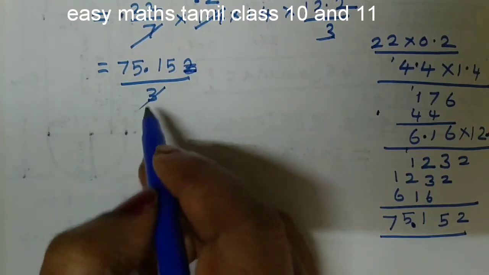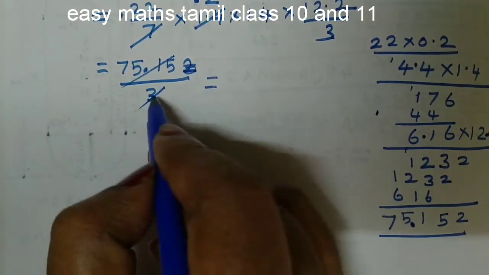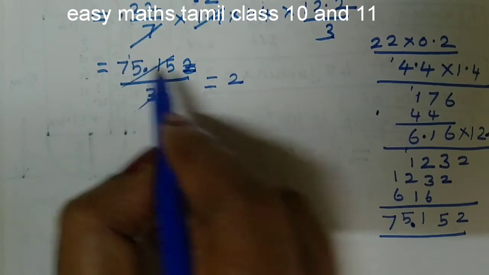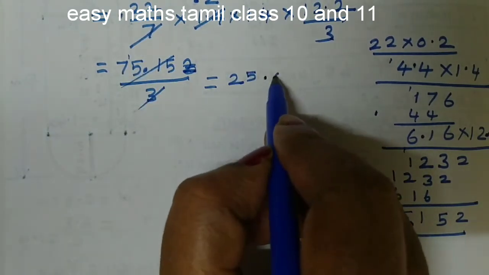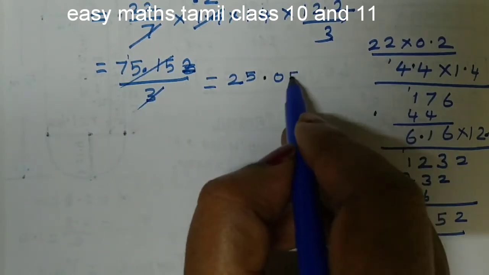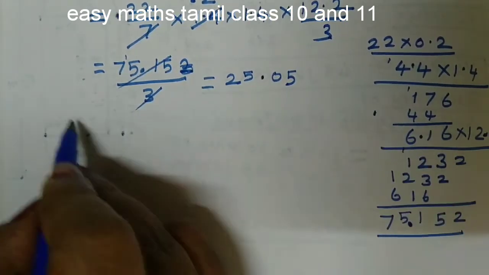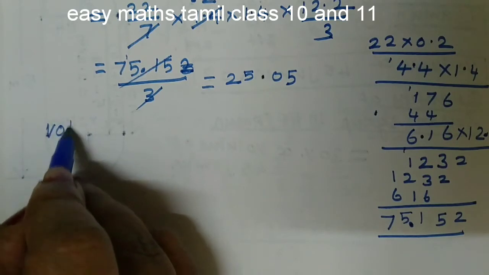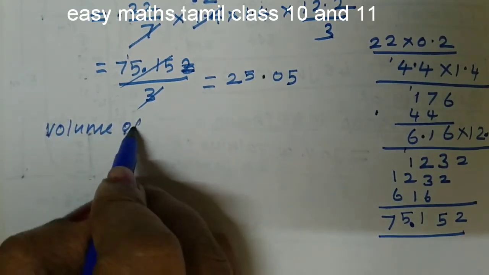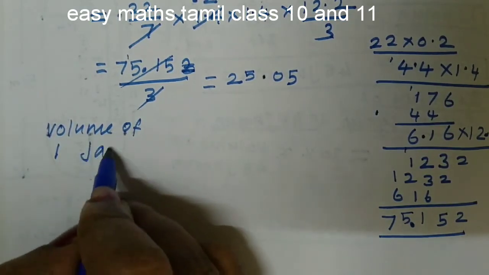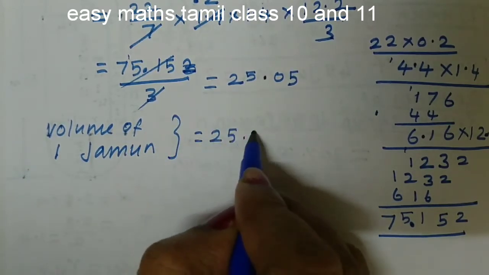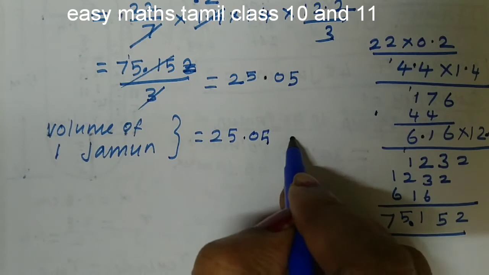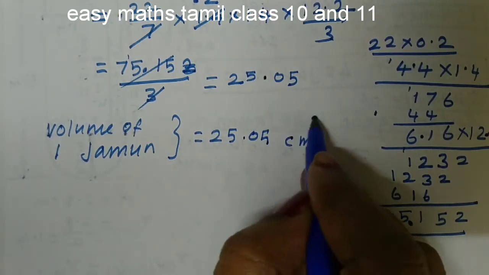So the volume of 1 jamun is 25.05 centimeter cube.